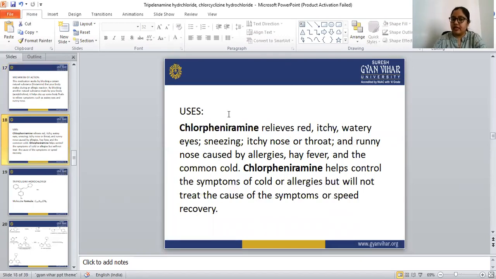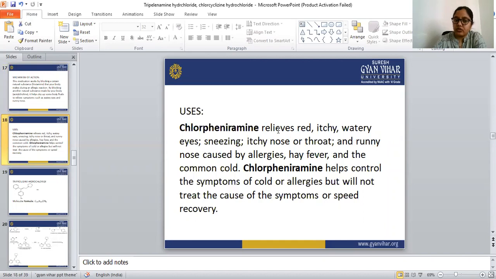So CPM relieves redness in our eyes, itchiness in our eyes, watery eyes, sneezing, itchy nose and throat, and runny nose caused by allergies, hay fever, and the common cold.